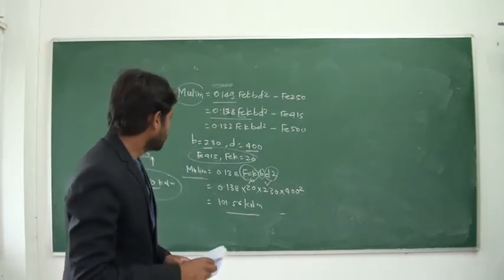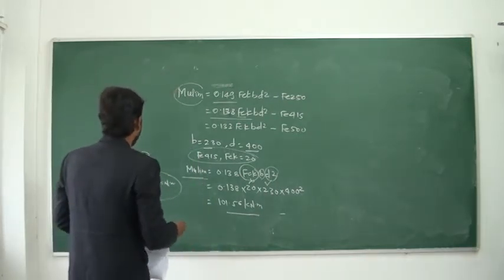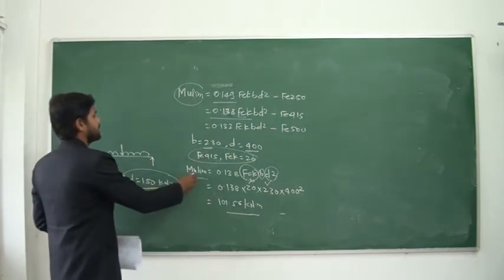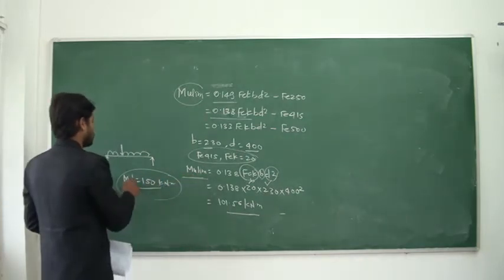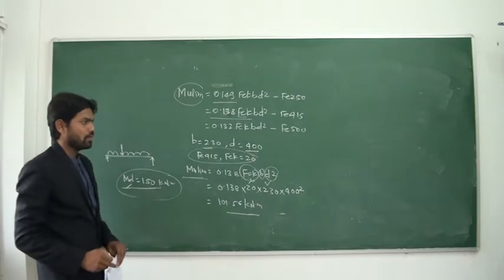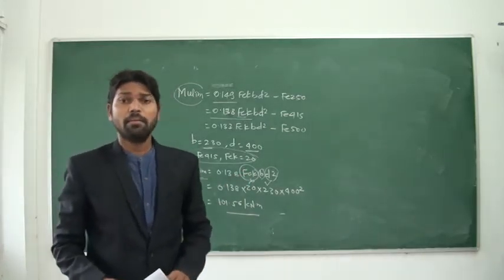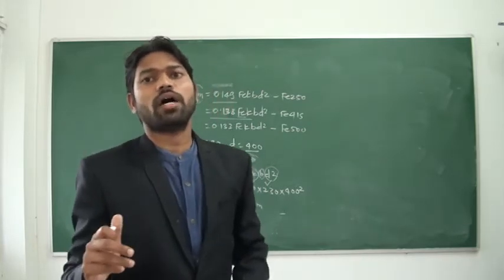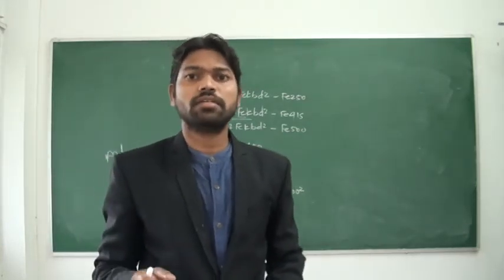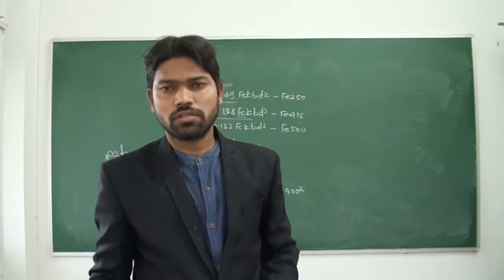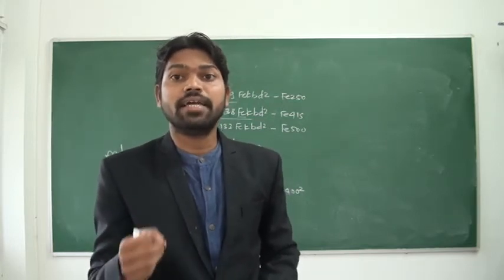Now, when I have to increase this MU limit value to reach the MD, the design bending moment, I have one option: the depth of beam is to be increased. But due to some architectural aspect, suppose there are some architectural restrictions, you cannot increase the depth.